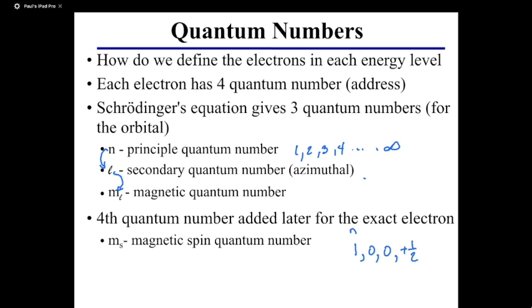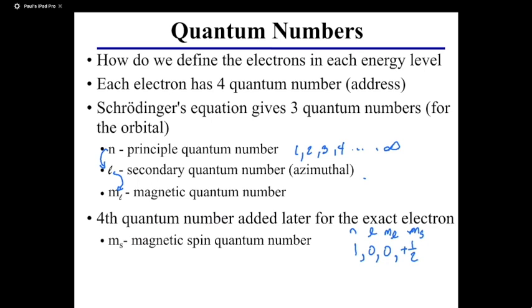This being the n, the principal quantum number. This being the l, the secondary quantum number. This being m sub l, the magnetic quantum number. And this being the m sub s. Okay? So that is one way to show the four quantum numbers.